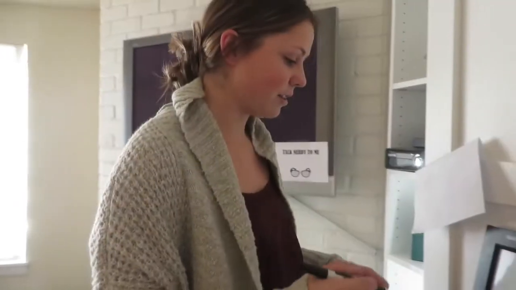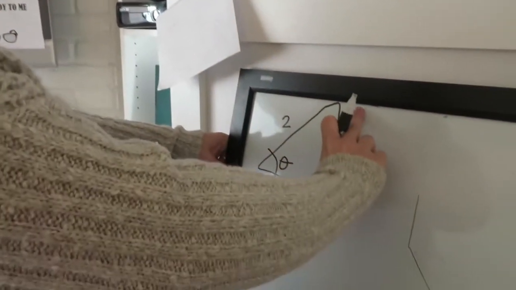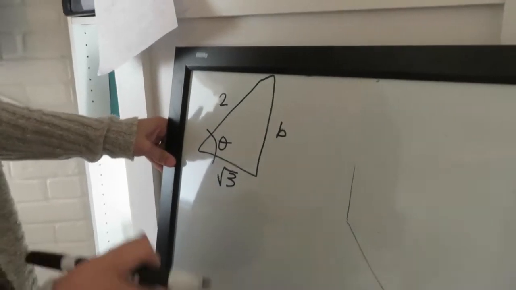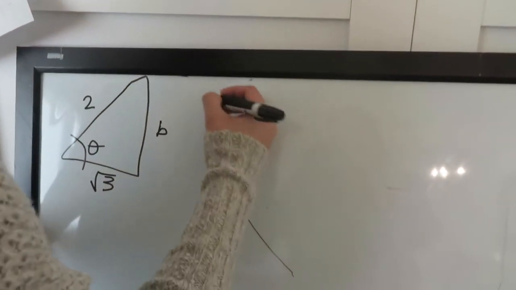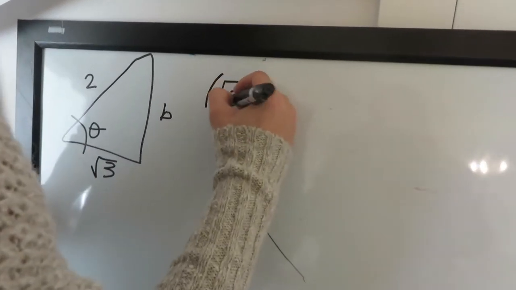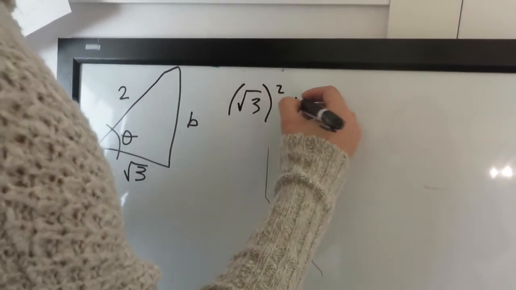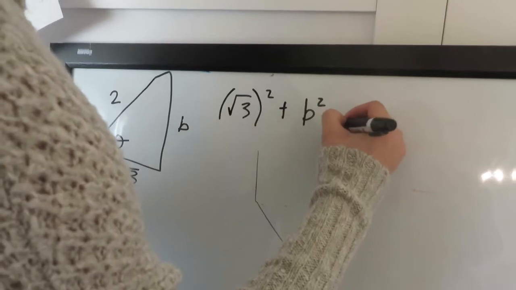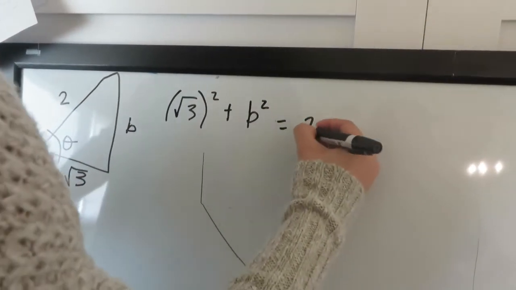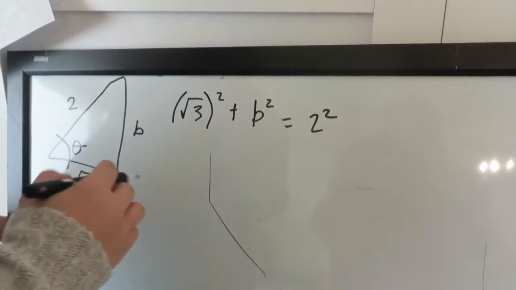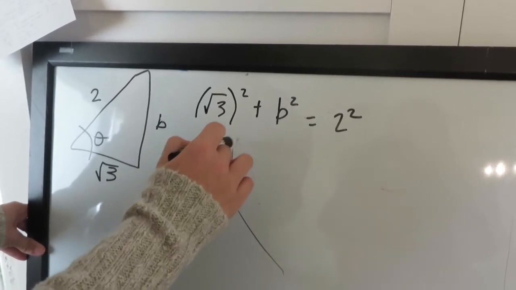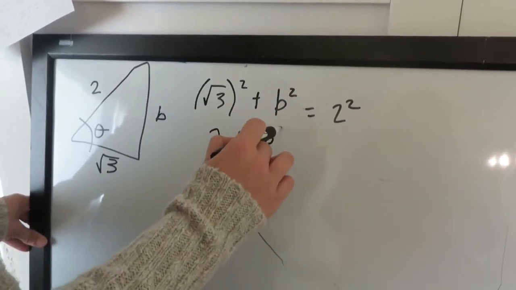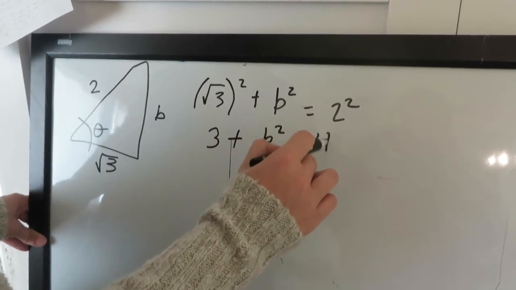So now we're going to find this function value. We don't know this side, so we've got to figure that out with the Pythagorean theorem. Maybe you remember it from geometry. So you're going to do root 3 squared plus b squared equals 2 squared. So this is going to be 3 plus b squared equals 4.